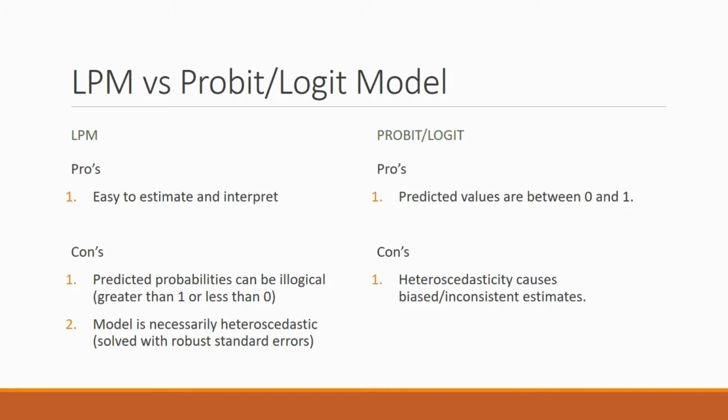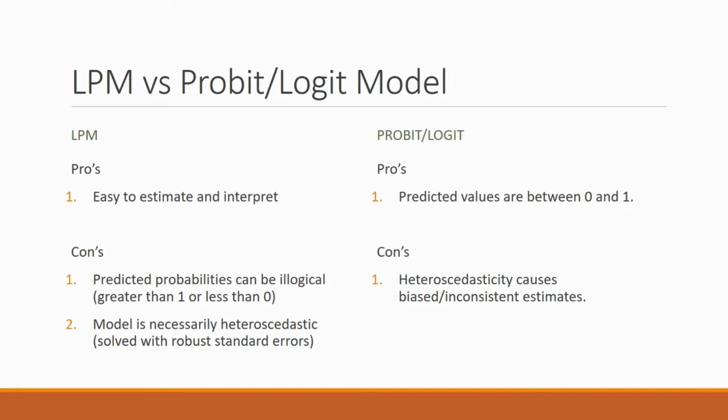I'm just using ordinary least squares, so it's very easy to interpret. We can solve all of the problems using the methods that we have used so far in class. So, for example, I can check for and solve for multicollinearity and heteroskedasticity with robust standard errors. So this is the most straightforward. Also, as I mentioned before, the marginal effects are just the coefficient estimates, so they're easier to interpret.